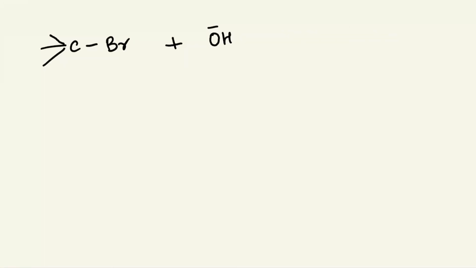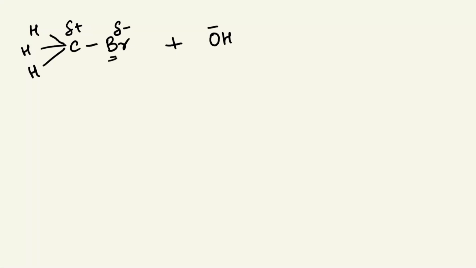So if you have an idea about organic chemistry, I've got an alkyl halide over here, and specifically let me take a primary alkyl halide. Now here, the halogen atom acquires a partial negative charge because of its high electronegativity.